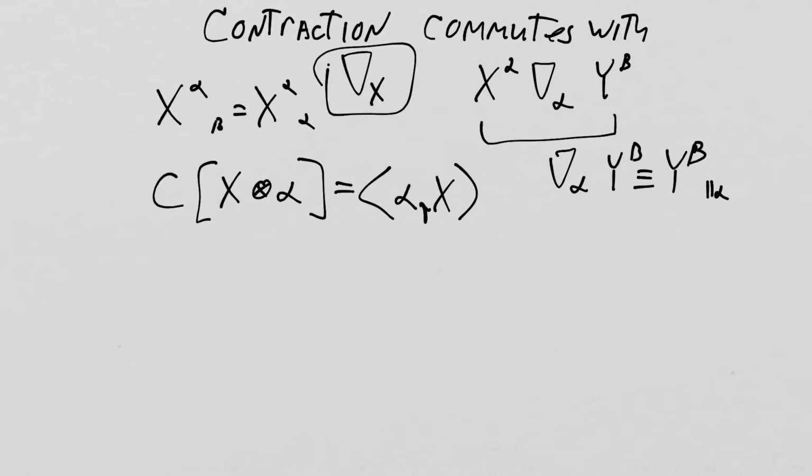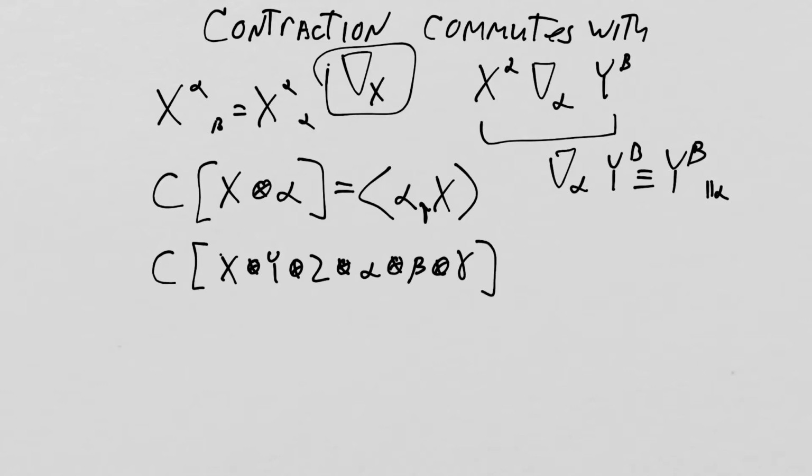Now, it's a little bit ambiguous if I wanted to write a contraction of a more complex tensor where I might have x tensor product y, tensor product z, tensor product alpha, tensor product beta, tensor product gamma, where these are covectors and these are vectors. Then I have to specify which contraction I want. Even the full contraction is a little bit ambiguous, right?